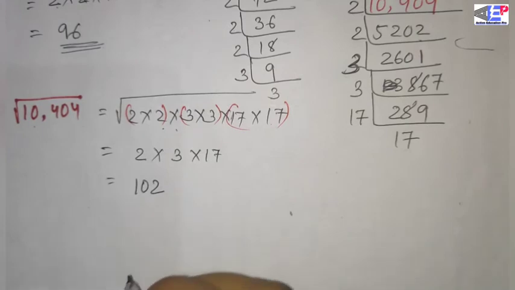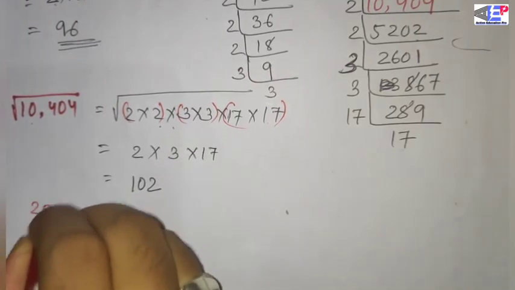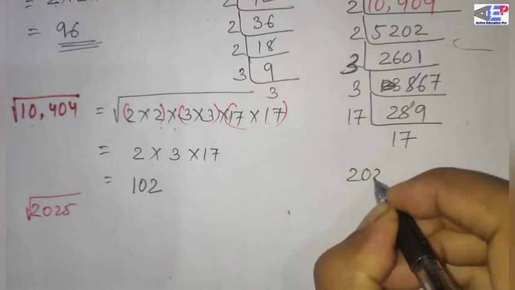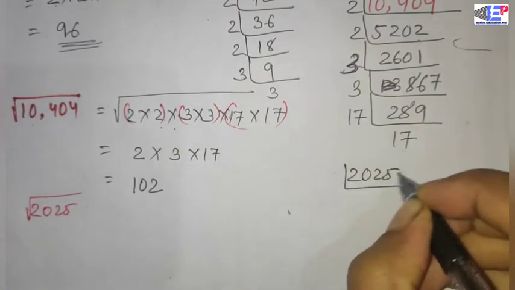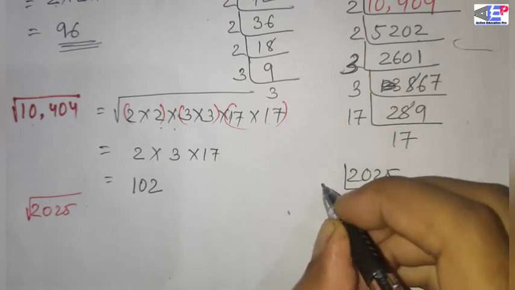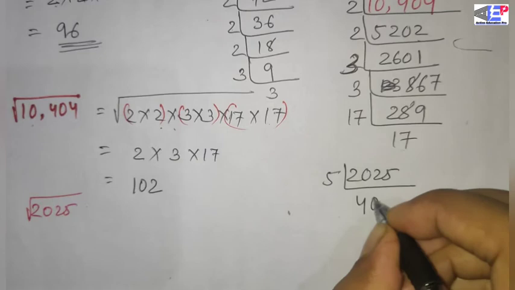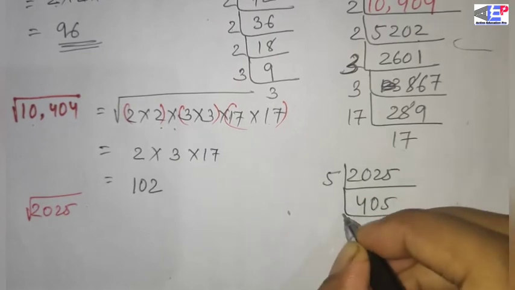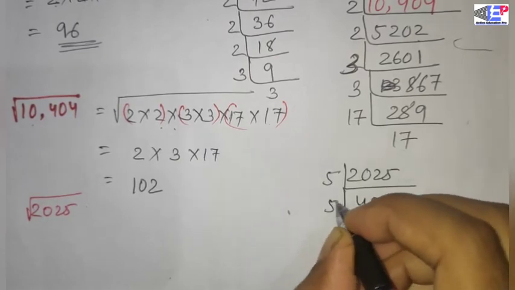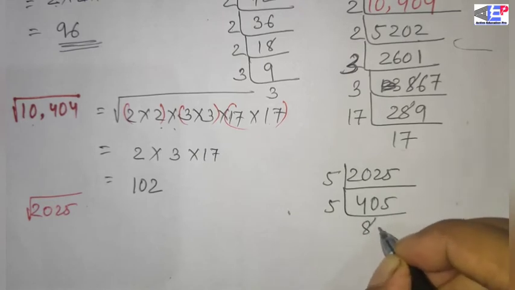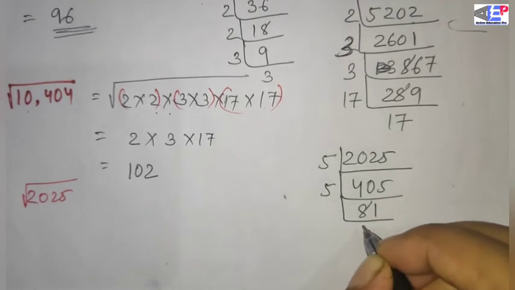Then let's check it for 2025. It has 5 at its unit place, so it is divisible by 5. So here 405. Again it is divisible by 5, and then 81.